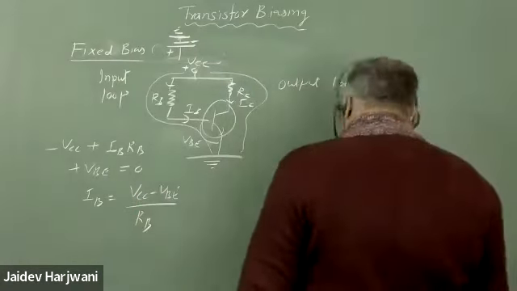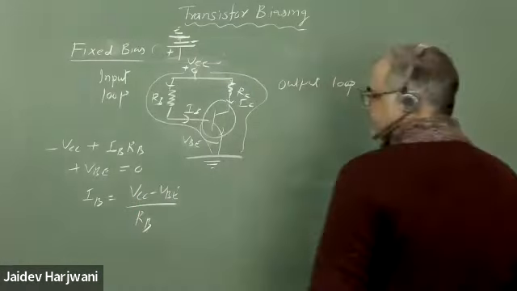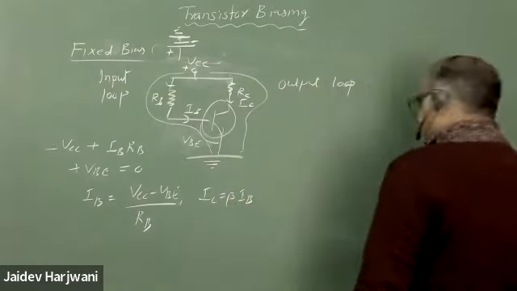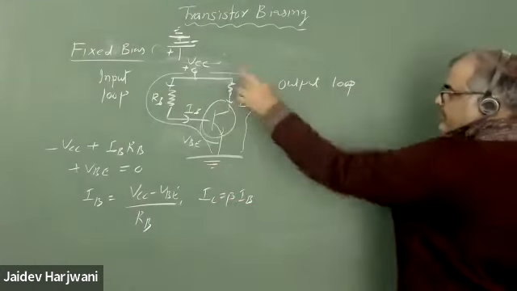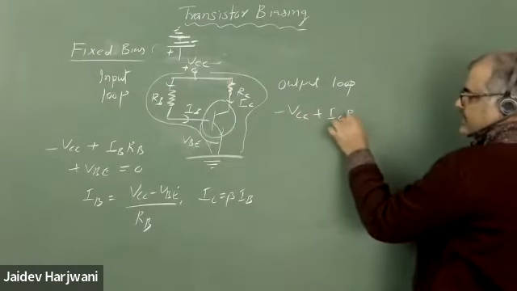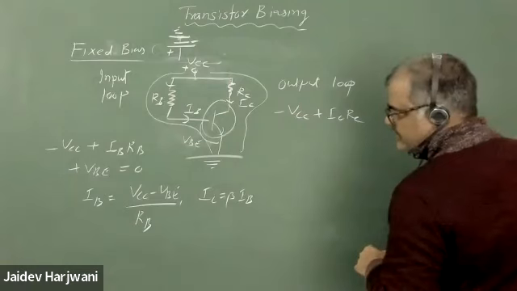Once I know IB, I can find IC using beta times IB. Similarly, if I write KVL in the collector loop, it is minus VCC plus IC RC plus VCE equals 0. There is no other resistance in the circuit.